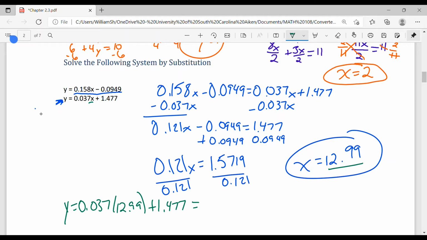And I get 1.957, excuse me, 1.9576. That's what I got. Okay, so we're good to go here. We found our x and our y values by substitution.